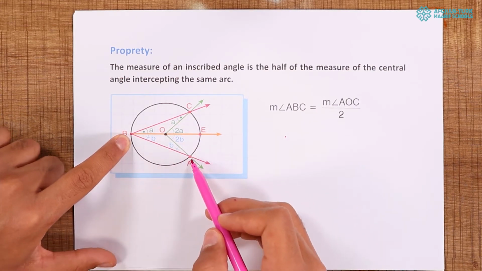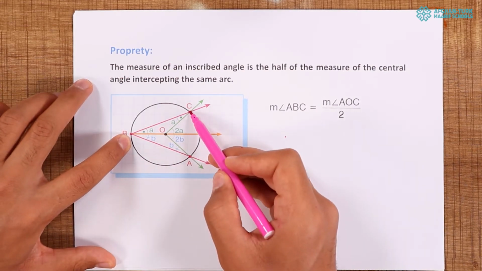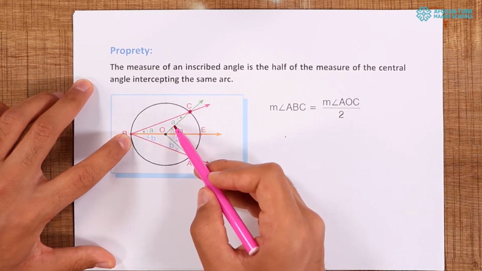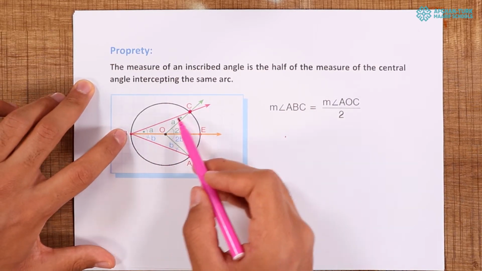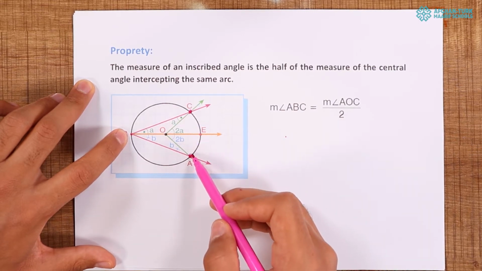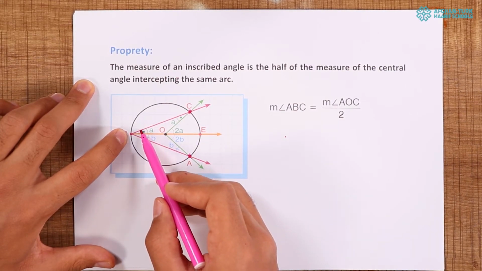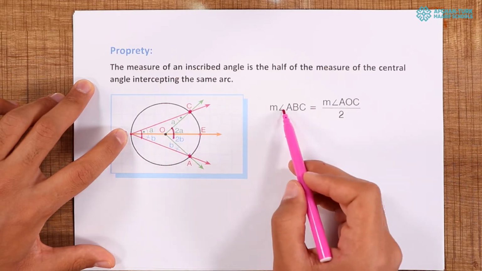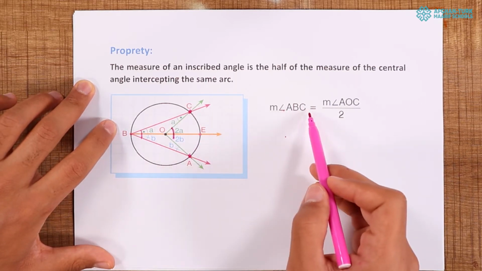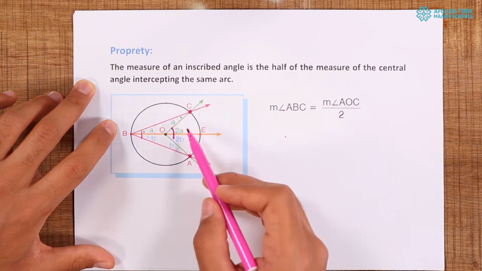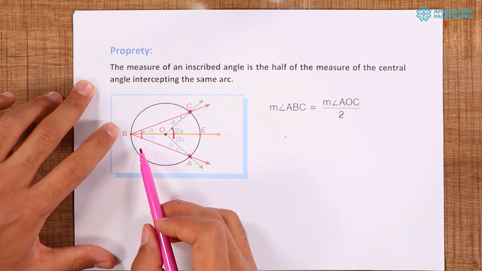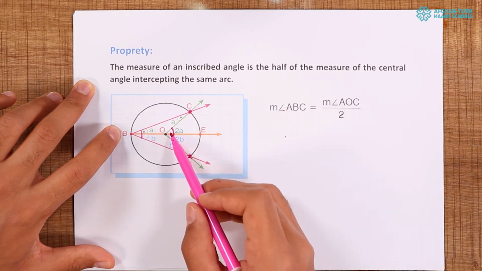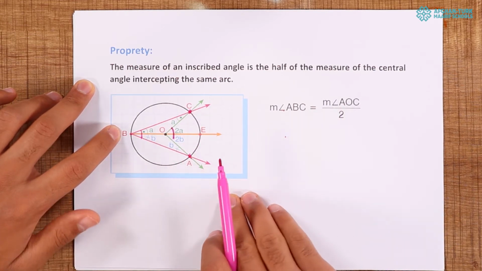They are intercepting the same arc. The central angle and the inscribed angle intercept the same arc. So the measure of this angle is equal to half of the measure of this angle. Measure of ABC is equal to half of the measure of AOC. It means the measure of an inscribed angle is half of the measure of the central angle.